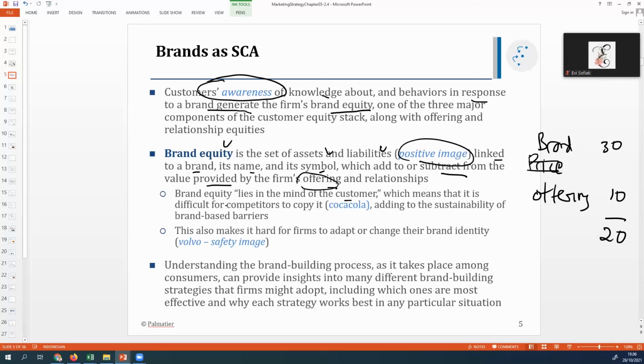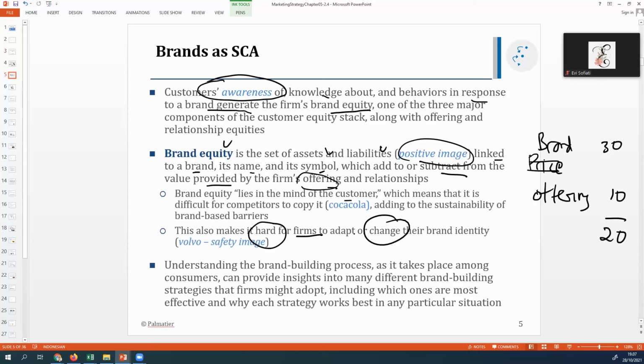Another example, Volvo. When you have brand equity in place, it is kind of hard for a firm to change its brand identity, like Volvo. The brand identity of Volvo is safety. So when they try to change into an economic car or green car, it is kind of difficult because the brand image is already there.